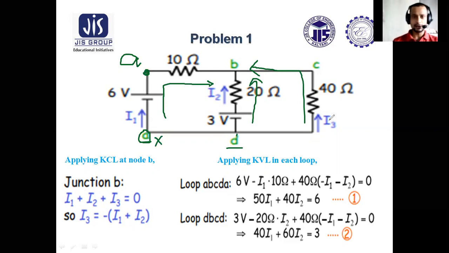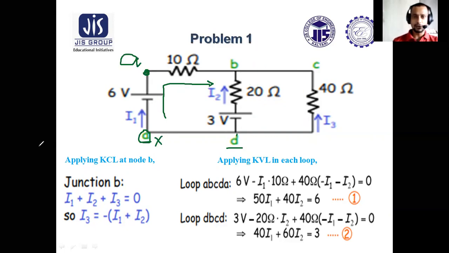In case in a question the current direction is not mentioned, you can assume any direction of current as per step 2 of Kirchhoff's law. We discussed a few steps which are to be followed to solve a numerical using KCL and KVL. So as per step 2, you can distribute current among all the branches as you wish.